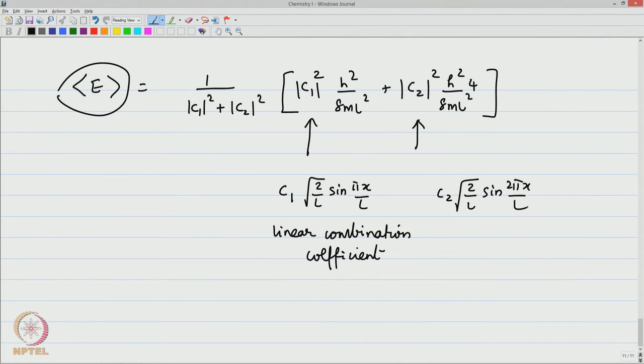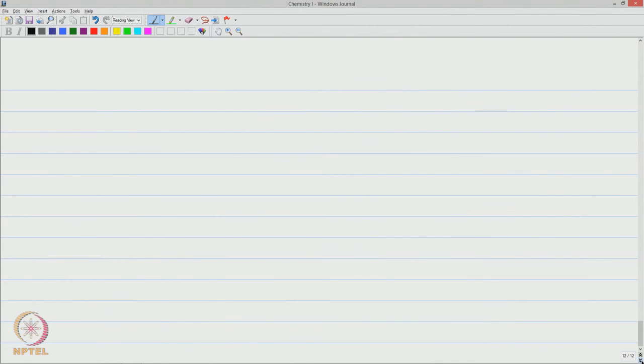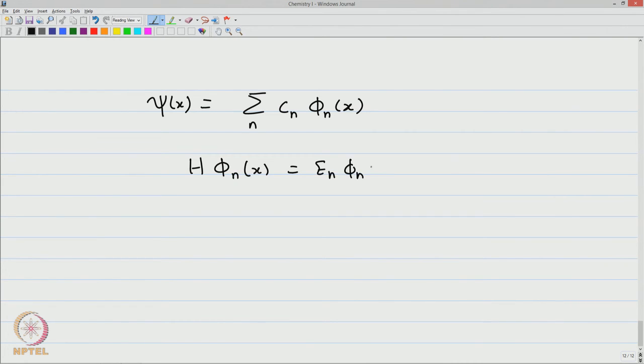In fact, there is a general result that if psi of x is given as the sum over n of C n phi n of x, and if the Hamiltonian has phi n's as the eigenfunctions with energy E n phi n of x, then the average value E can be calculated by first calculating the normalized wave function.